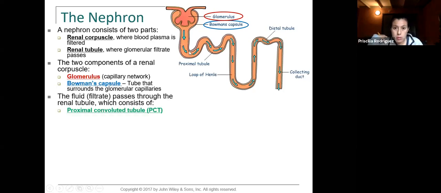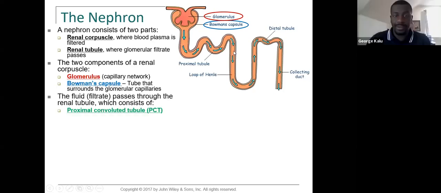For the renal tubules, this is the location where the filtrate passes through. There are three or four major regions. The first is the proximal convoluted tubule, the first region that exits out of the renal corpuscle. Then we have the loop of Henle, sometimes called the nephron loop, which is right here.